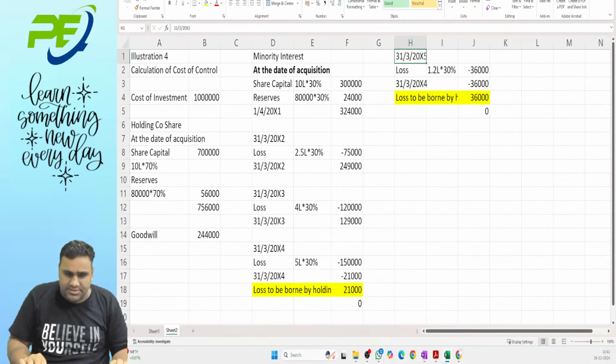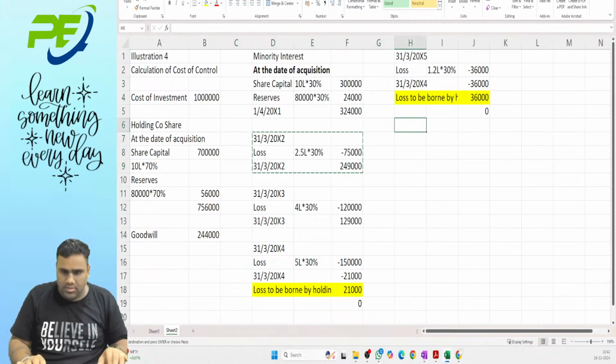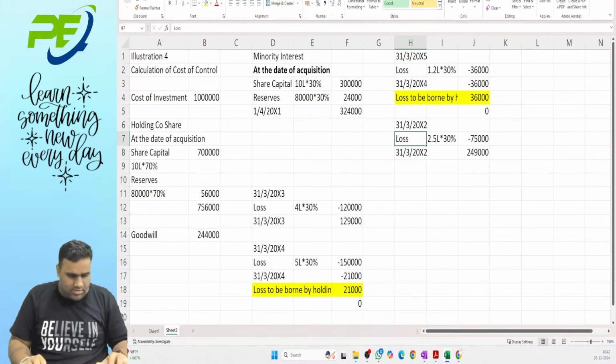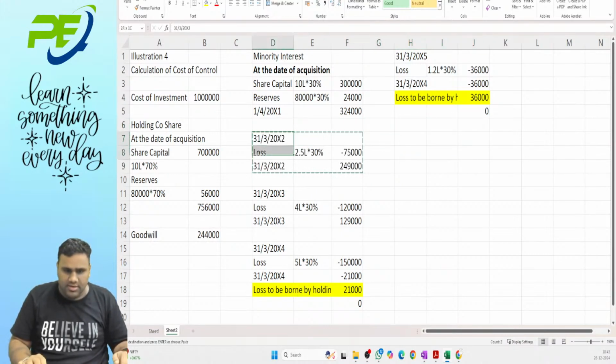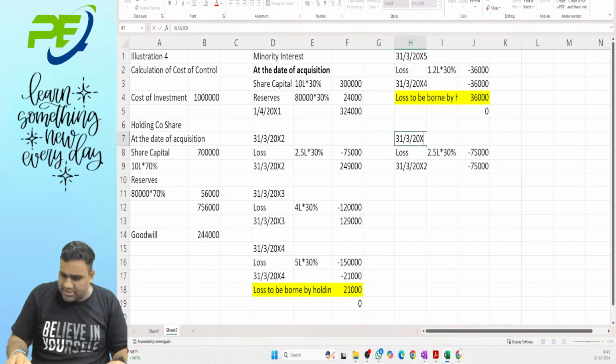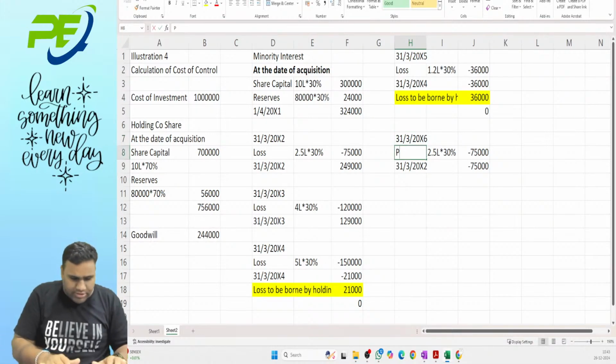So 31st March 20x6. Now there's a profit.